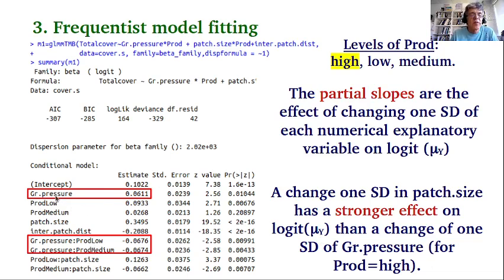Here is the slope of grazing pressure for the reference level of productivity, and here are the differentials of slopes for the other two levels of productivity.